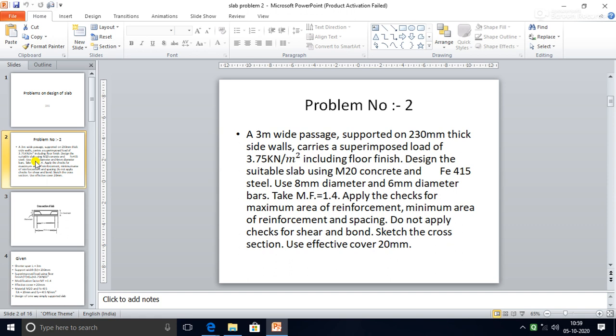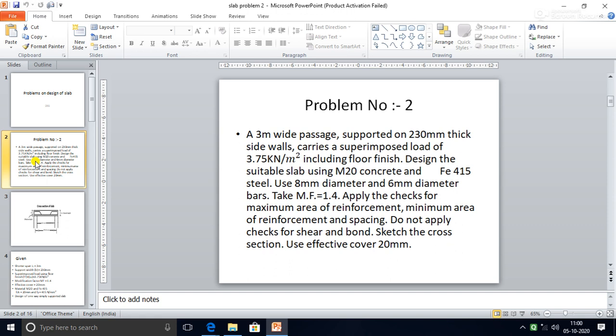Use 8 mm diameter bars. See, in the problem it is advised to use 8 mm diameter bars, and 6 mm diameter bars as distribution steel. Take the modification factor MF as 1.4. Apply the checks for maximum area of reinforcement.